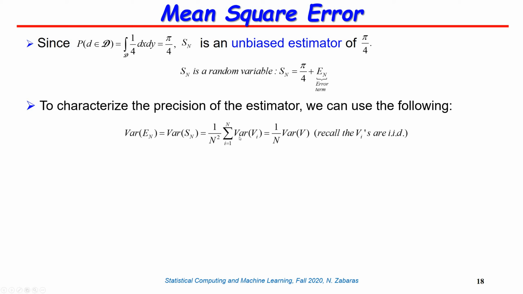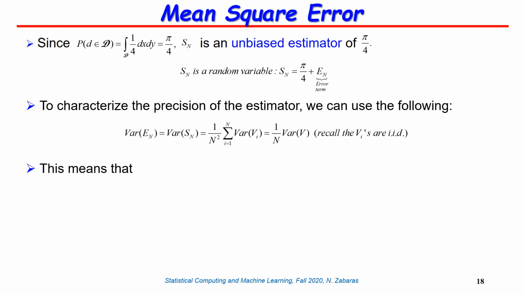Remember, Sn is the summation of the vi's divided by n. So when you take the variance, you get 1 over n squared times the summation of these, which are iid. So this will give you n, and one of the n's will cancel out. So you have 1 over n times the variance of V.